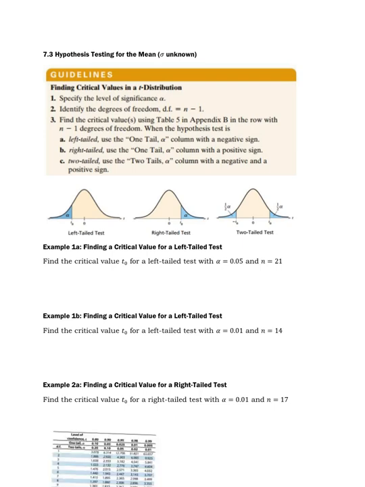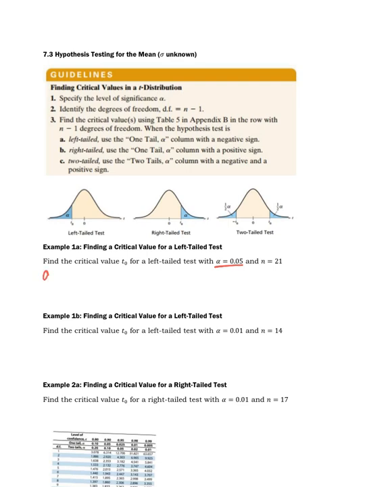All right, so let's start with our first example. We have finding a critical value for a left-tailed test. Find the critical value t0 for a left-tailed test with a level of significance of 0.05 and a sample size of 21. First we specify our level of significance. Our level of significance is 0.05.